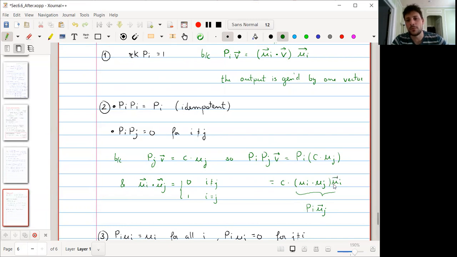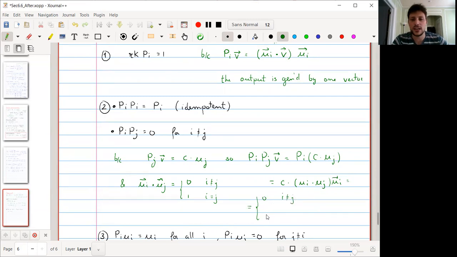Okay, well, but then what does this mean? You'll see that ui dot uj could be 0. If i is different from j, that's 0. So this is 0 if i is different from j.